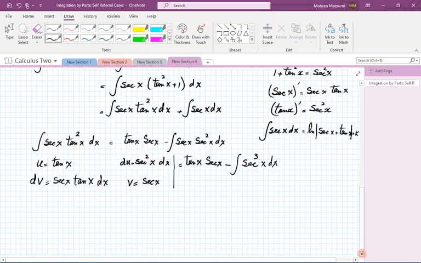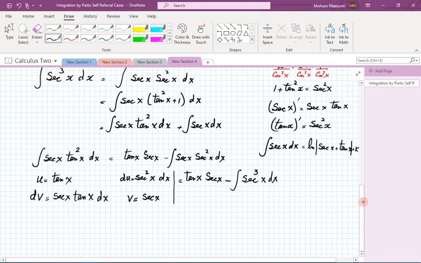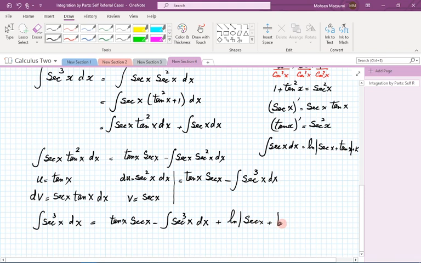So let's go ahead and rewrite what we have so far. I had the integral of secant cubed of x dx. Secant tan squared is this. And that is that formula from Cal 1: logarithm of secant of x plus tangent of x and some constant.